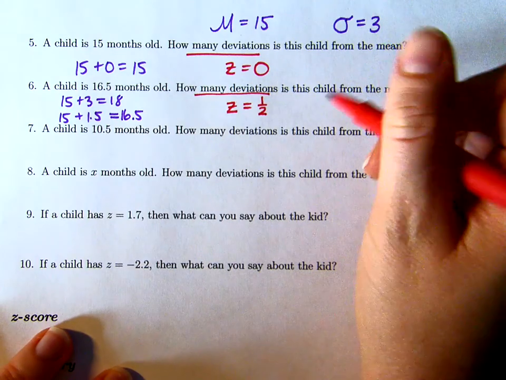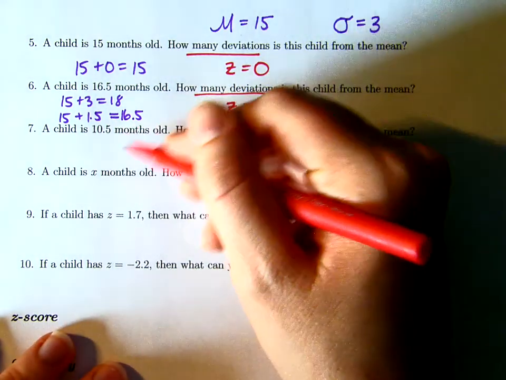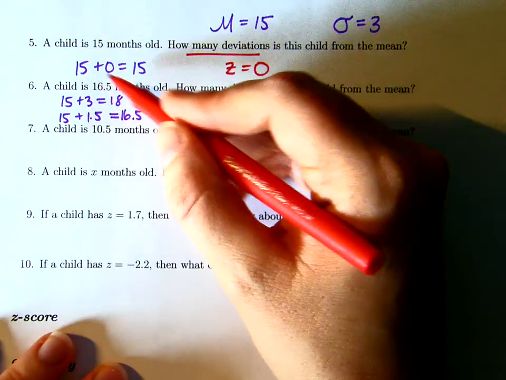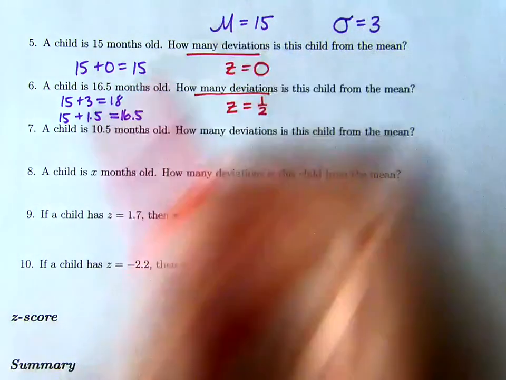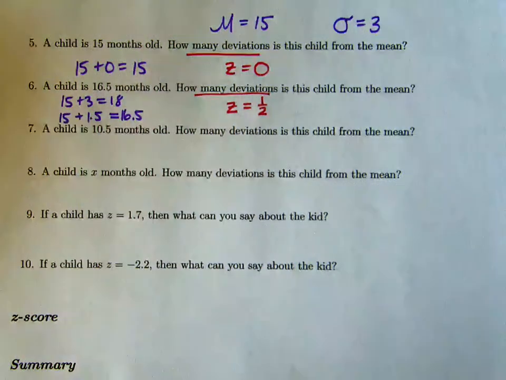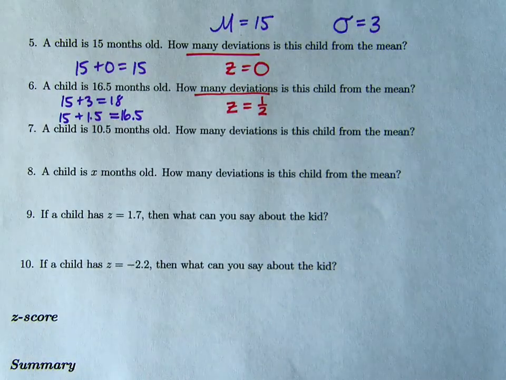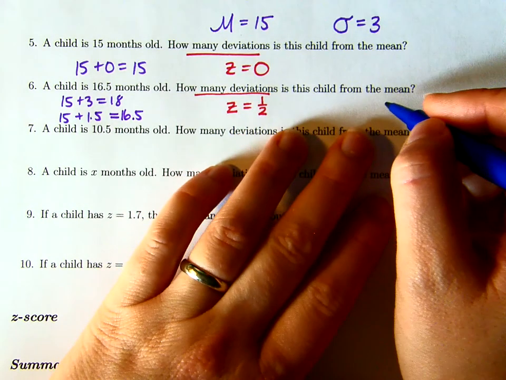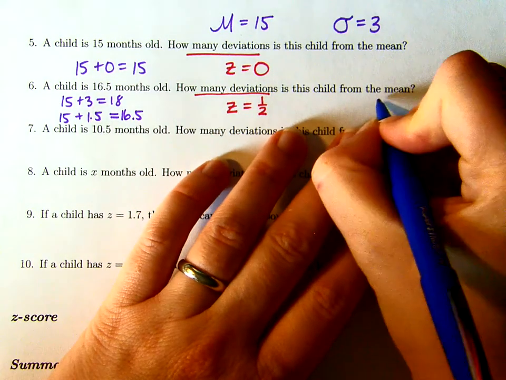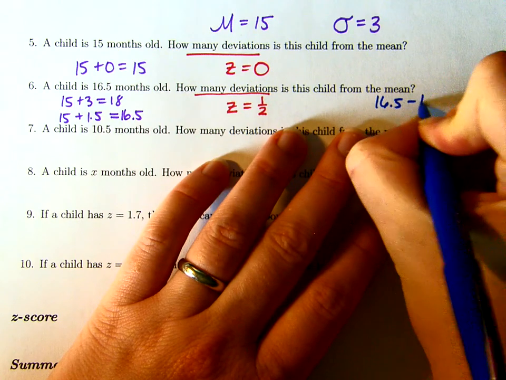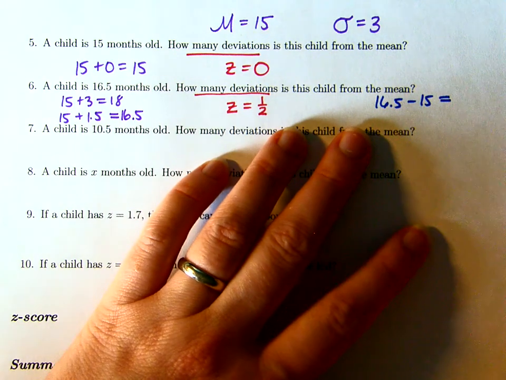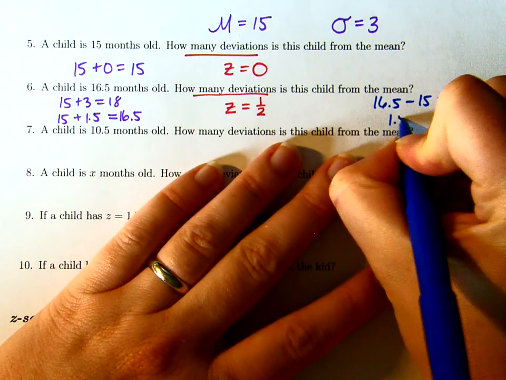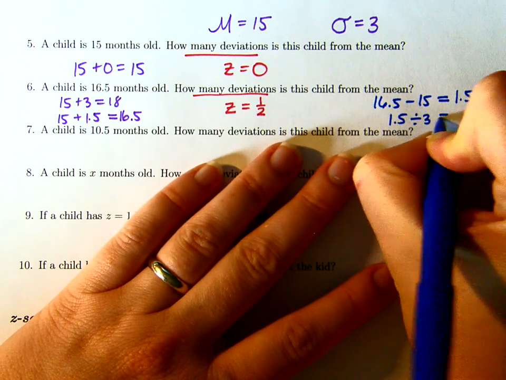Half of 3 was 1.5 months, and that's how far apart this child is from the average age. Now if we did it the other student way, which I thought was fabulous, and so I'm going to write it down, then this would read 16.5 minus 15 to find out that those are 1.5 apart, and then 1.5 divided by 3.